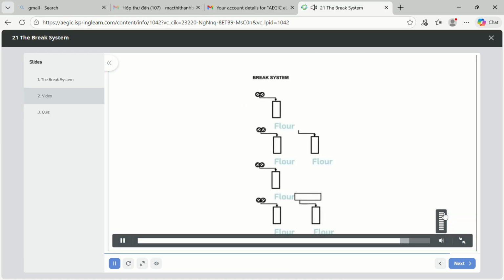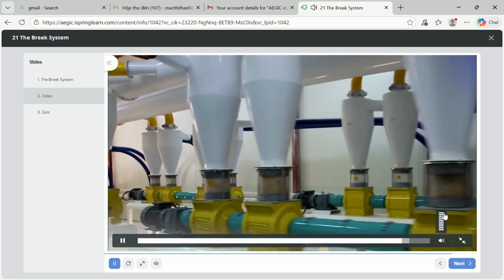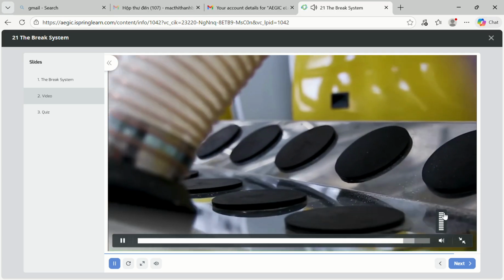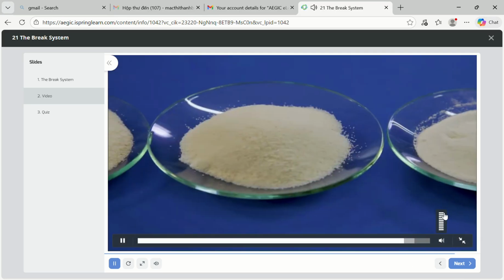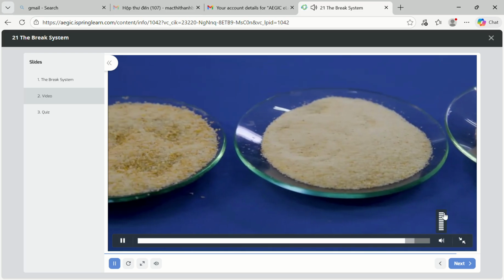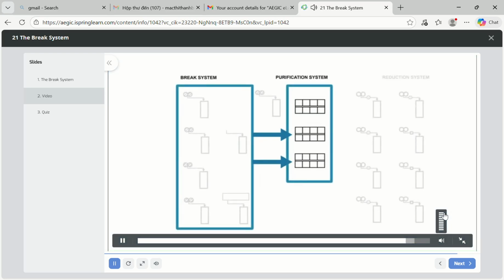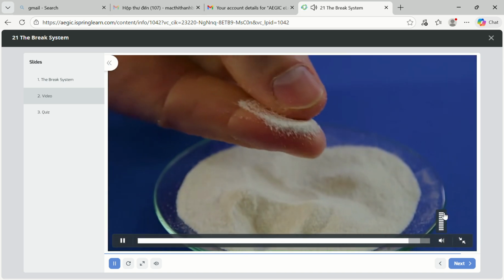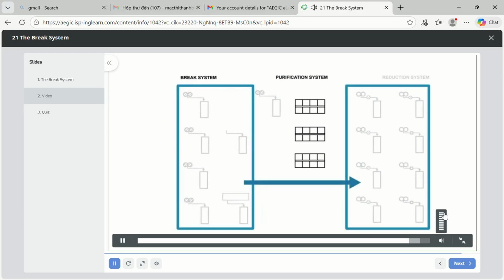In summary, the brake system produces multiple flour streams, which are all sent to a flour conveyor. It also produces multiple semolina streams, which are all sent to various parts of the purification system, and some dunst stocks, which are sent to the reduction systems.